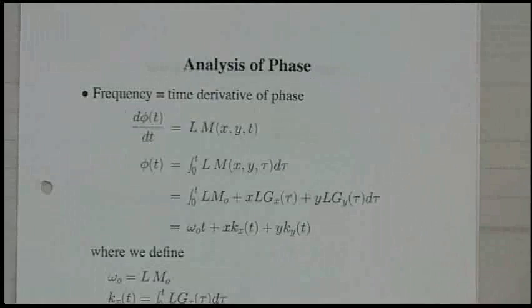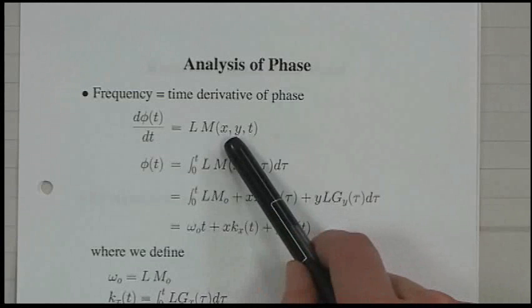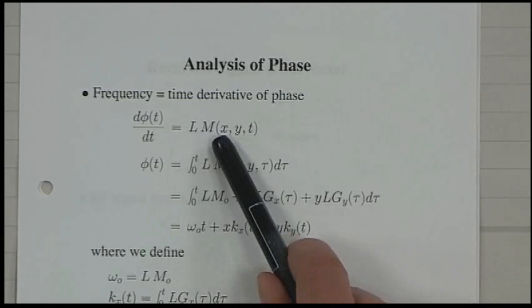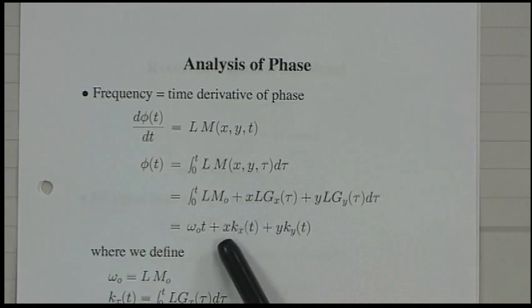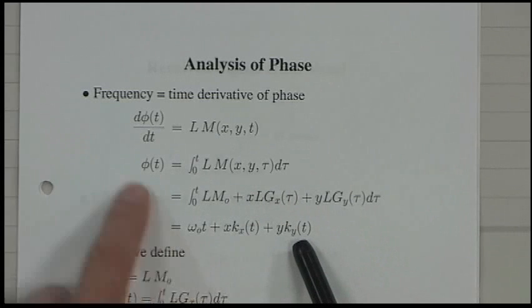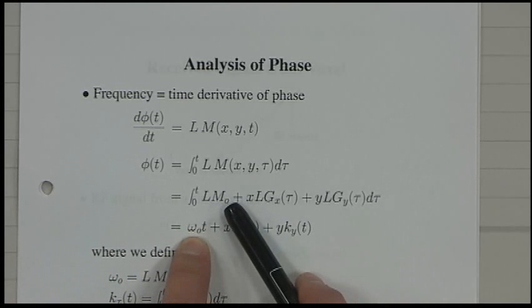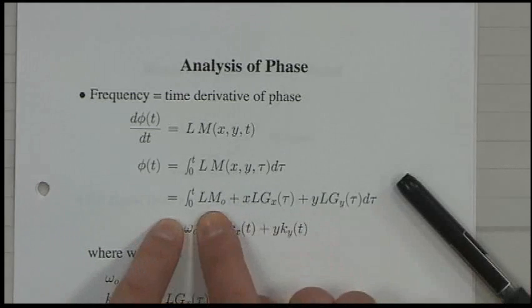So then you can write the equations down. The derivative of the phase is equal to the instantaneous frequency. And the instantaneous frequency is going to be equal to L times the magnetic field at that voxel. You plug in these expressions, and you get this expression: the instantaneous frequency is going to be the ambient magnetic field strength m0, so the 3 Tesla or 1.5 Tesla, times L. So that's the 63 megahertz.